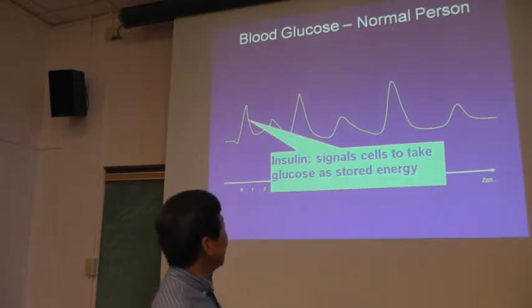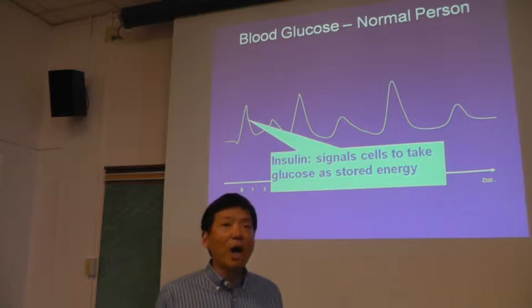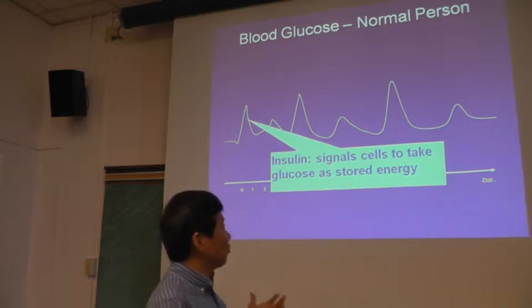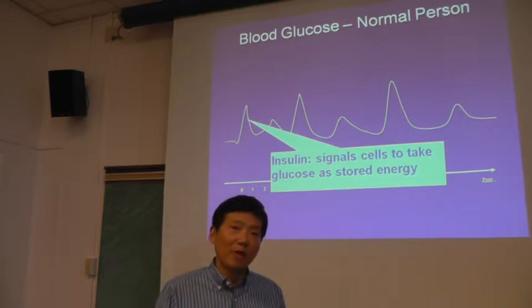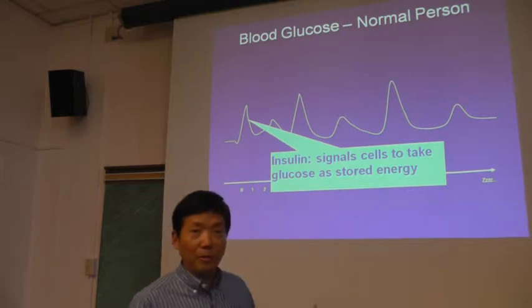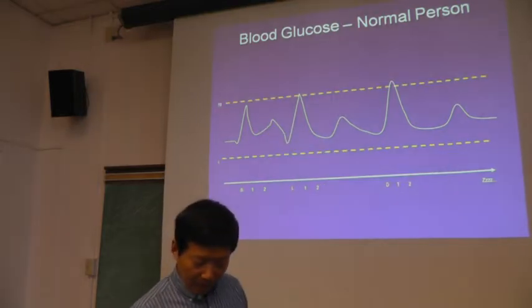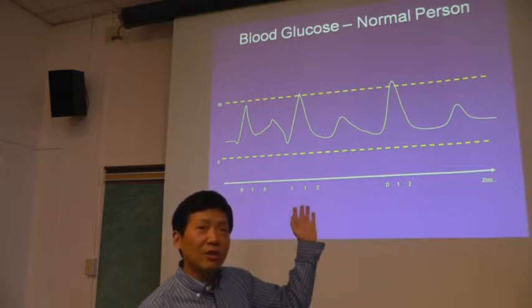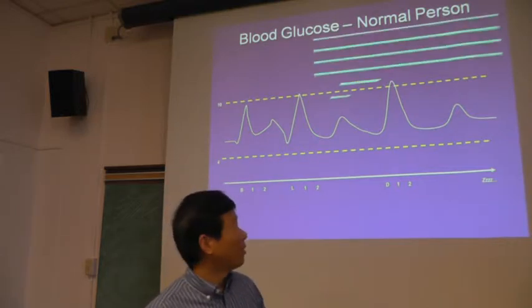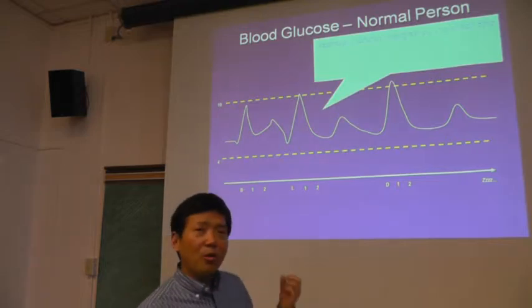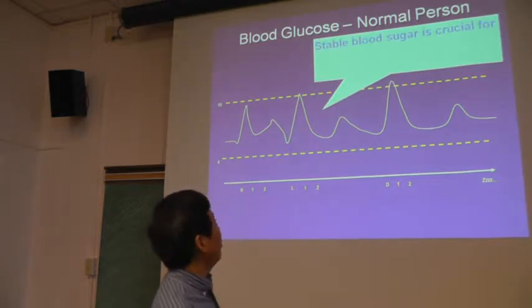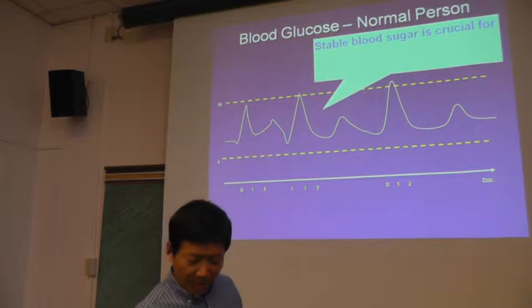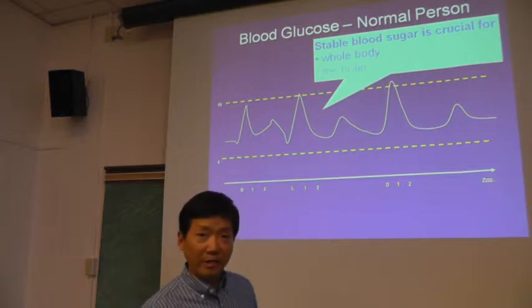The insulin then will signal all the cells in the body to take that glucose and store it as energy, and therefore your glucose will drop. Throughout the day, if your blood glucose is within these two lines, you're fine. And stable blood glucose is very important for your whole body and for your brain.